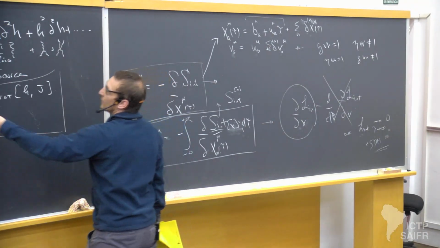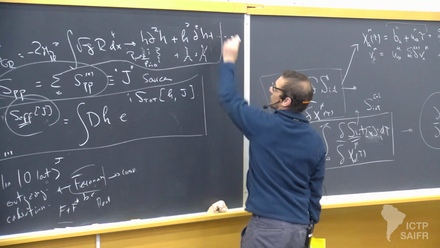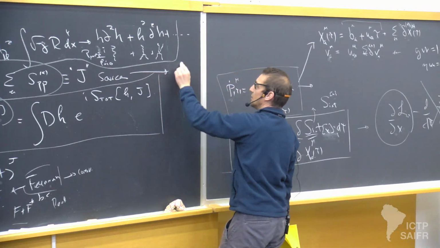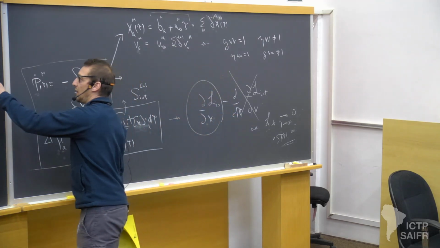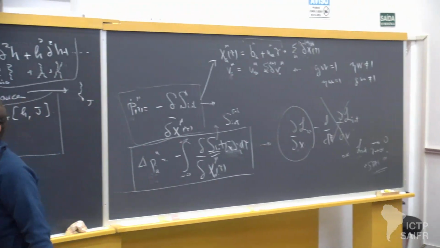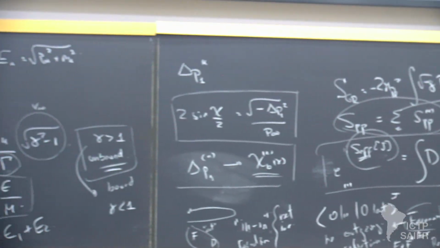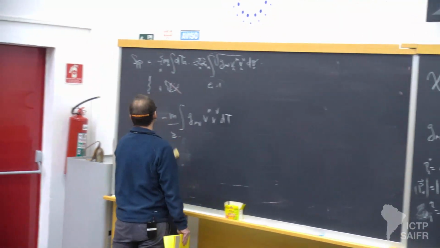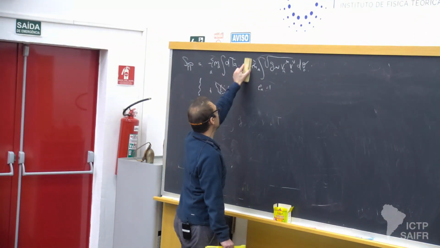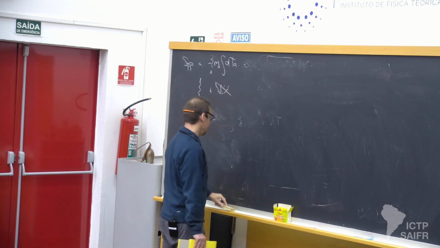So the bulk gives me these rules. The source gives me just this. We're good. We almost have everything we need. So to construct our effective theory, our effective action, sorry, this is too big. Let me just rewrite this here.